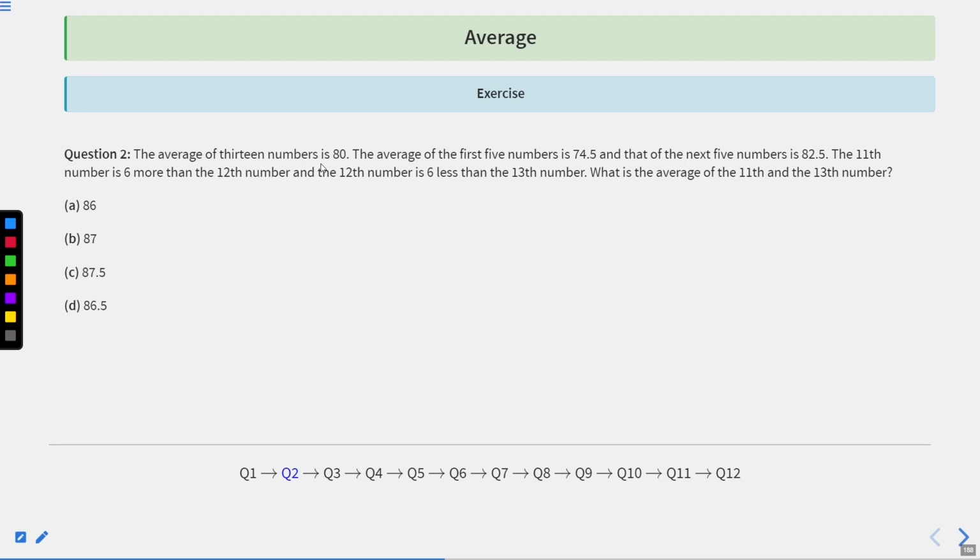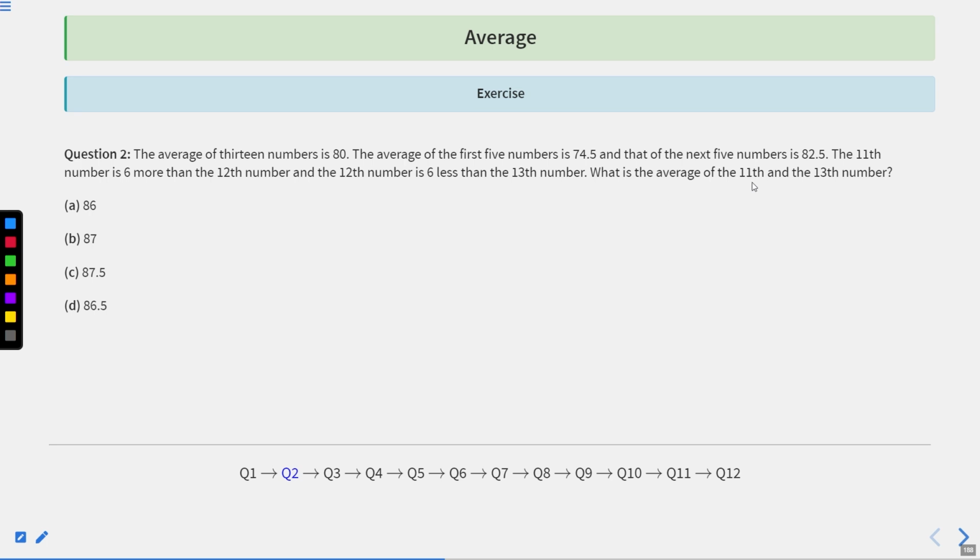The average of 13 numbers is 80. The average of the first 5 numbers is 74.5 and that of the next 5 numbers is 82.5. The 11th number is 6 more than the 12th number and the 12th number is 6 less than the 13th number.